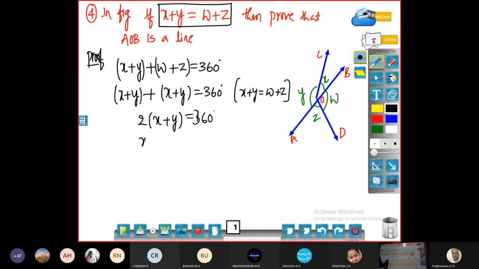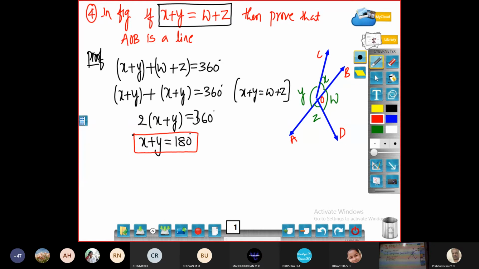Tell me next, x plus y becomes? Sir, 180 degree. 180 degree. So now this is an important result. x plus y is equal to 180 degree. x and y are adjacent angles at O, correct? Yes, sir.